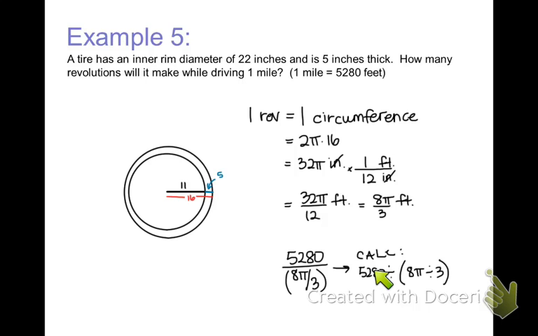If you don't put the parentheses around it, it's going to do first come, first serve. So it's going to do 5280 divided by 8 pi over 3 divided by 3, which in this case probably, does that work? Yeah, so if you do that calculation, you guys should get 630.25, about that many revolutions, right? Will fit in a mile.